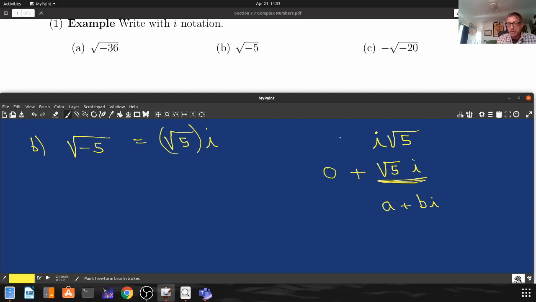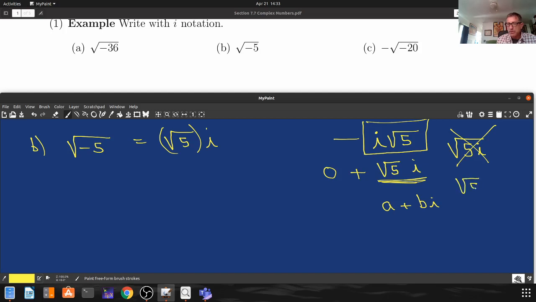The reason the book probably will prefer you to do this is because students will get lazy and write the square root of 5, and the I will stay underneath the radical, and that's wrong.